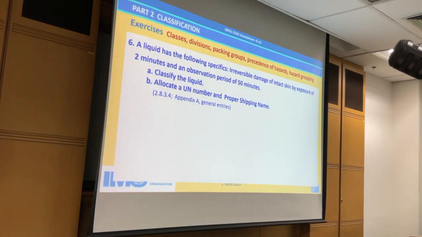Yeah, and the last question in part 2, a liquid this time. Let me tell you something. Are we all together now, listening? This is important. My friend was asking a few minutes ago, how do we know this is class 3?